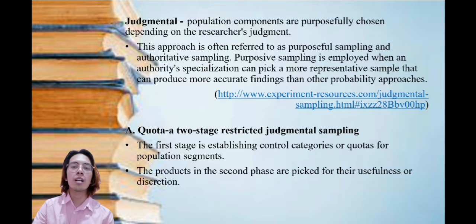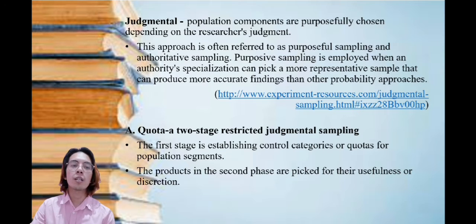Then next is quota sampling, a two-stage restricted judgment sampling. The first stage is establishing control categories or quotas for population segments. In the second stage, the units are selected based on the researcher's convenience or discretion.